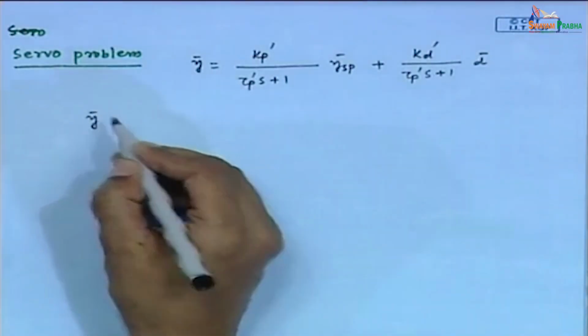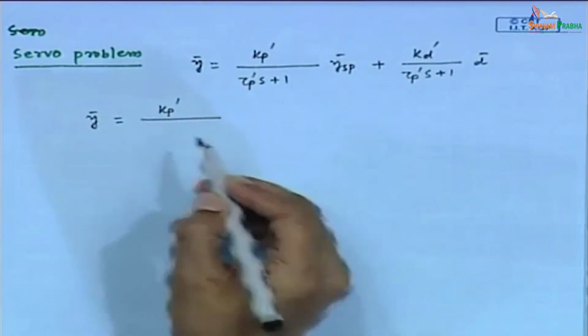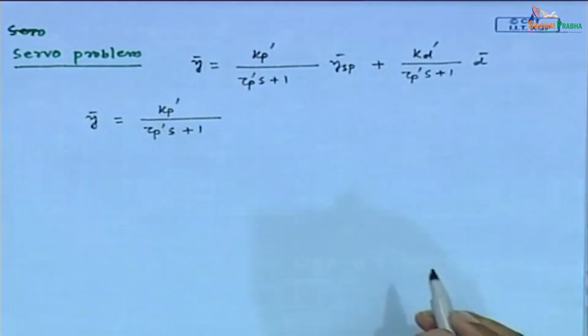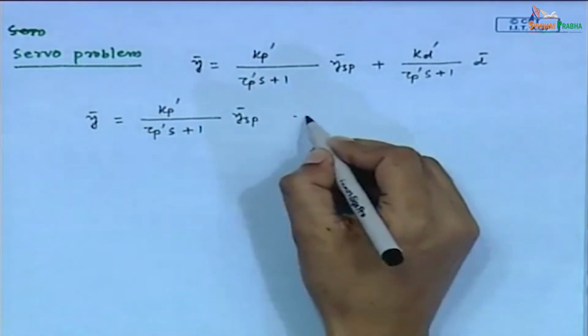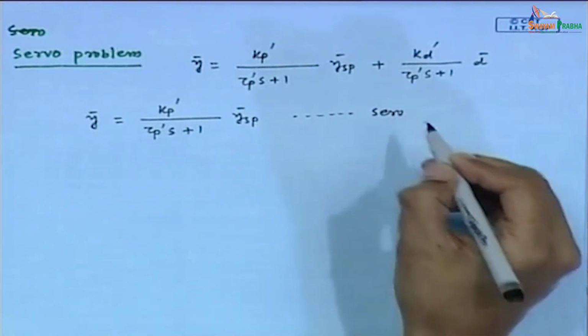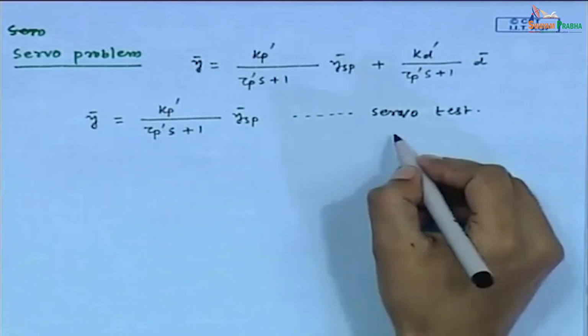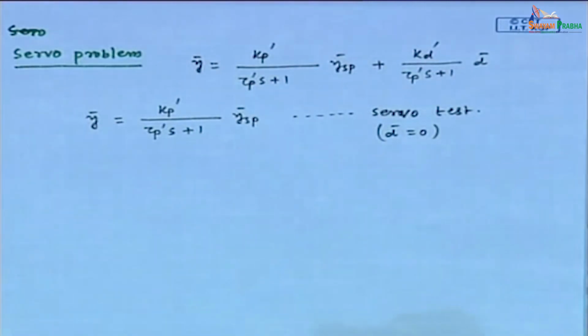So, for servo problem d bar equals 0, that means the transfer function becomes y bar equals K p prime divided by tau p prime s plus 1 y set point bar. This is for the case of servo test, because for servo test no change in the disturbance is considered.